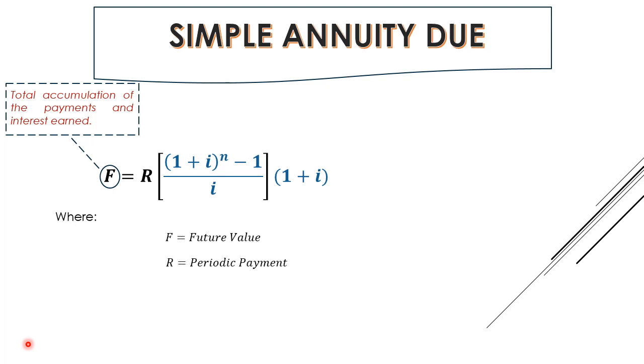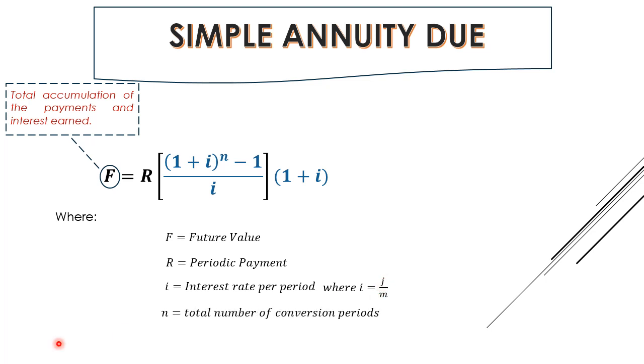R is the periodic payment, I is the interest rate per period, where I is equal to J over M. J is the interest rate per year, and M is the conversion period. N is the total number of conversion periods, where N is the product of T times M.